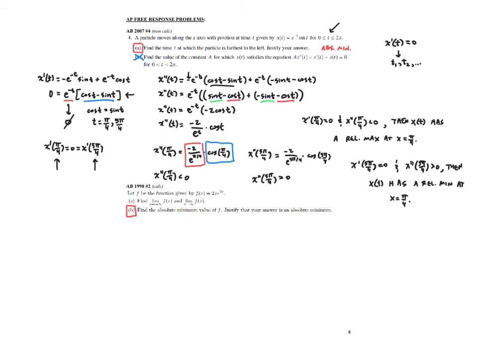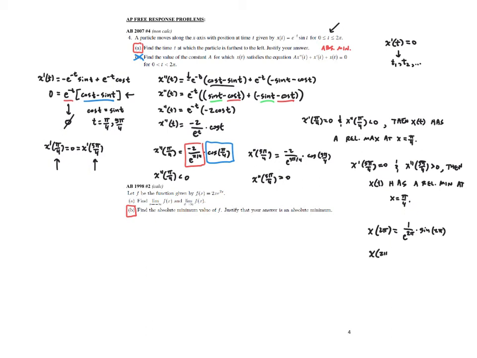I would check my endpoints and clearly see that if I plugged in a 2 pi into x of t, I would get 1 over e to the 2 pi times sine of 2 pi. Well, sine of 2 pi is 0.